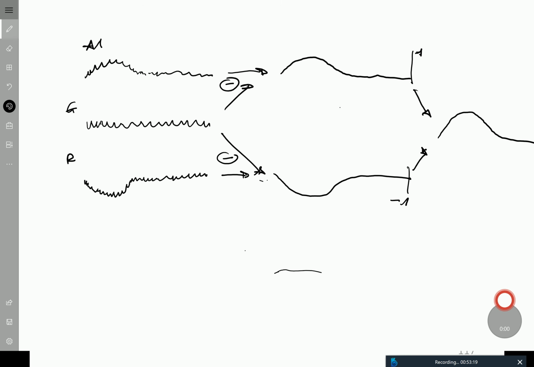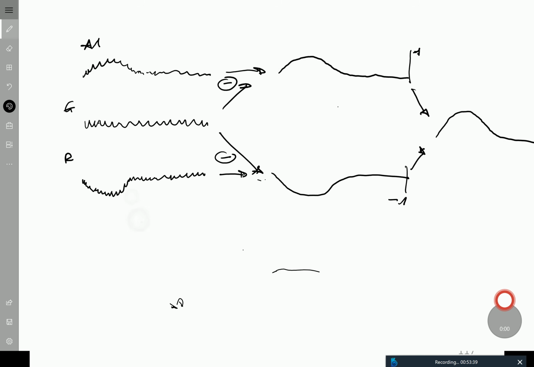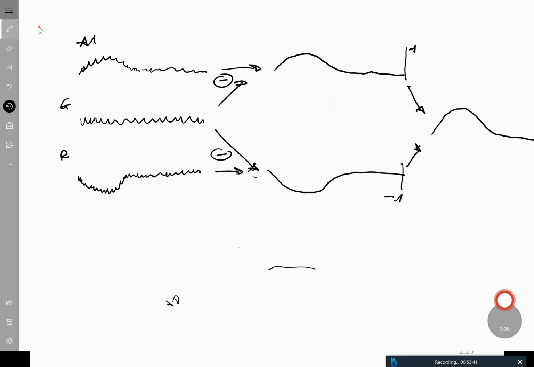So it could just be that the reference electrode doesn't pick up the ground noise as other electrodes do, so there are some asymmetries.